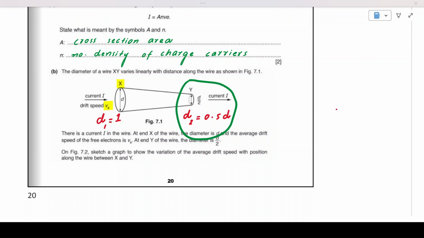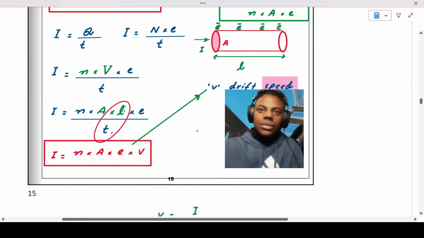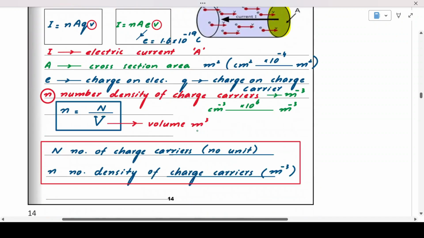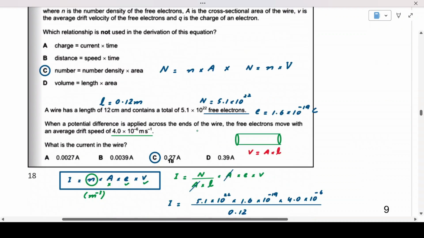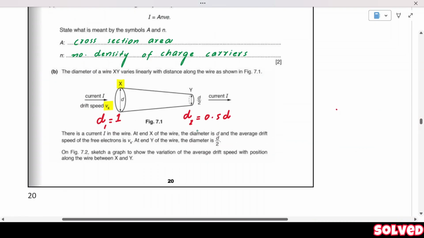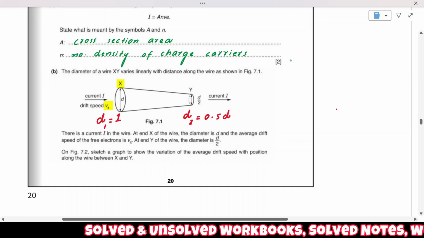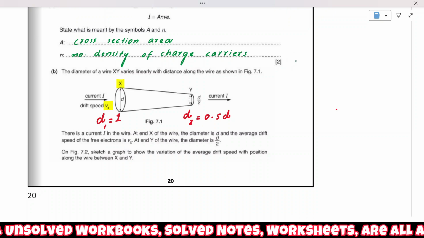The drift speed will increase 4 times, gentlemen, because if you take a look at the ratio formula, we have the square in the ratio formula. So if the diameter is reduced to half, the drift speed would be increased 4 times. You can use the ratio formula V1 over V2 equals D2 square over D1 square.